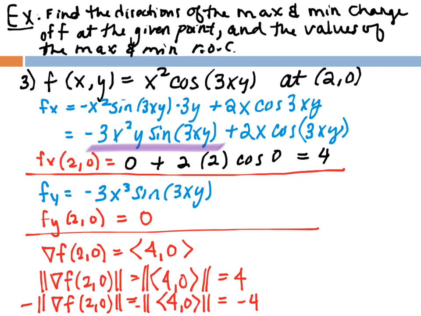Okay, so let's go back and use that theorem now specifically to do the pieces that it tells us. So the theorem in part 1 said the maximum rate of change, so let's talk about maximum. The maximum rate of change is going to be that value 4 that we just calculated. It's the gradient value. So maximum rate of change is 4. But we need to know in what direction. So what did this say about the direction? Occurring in the direction of the gradient.